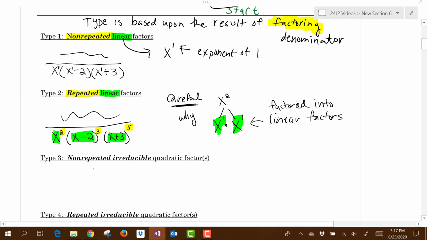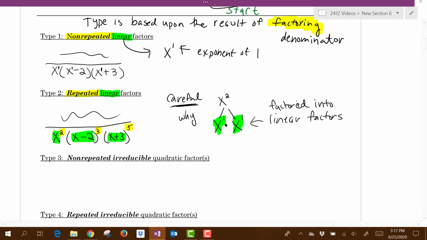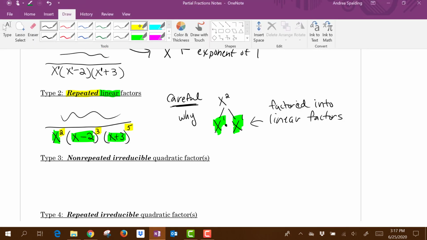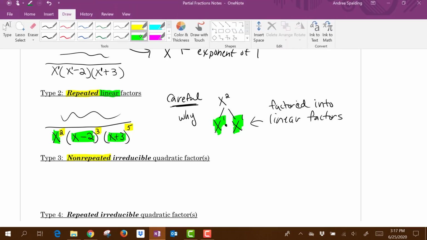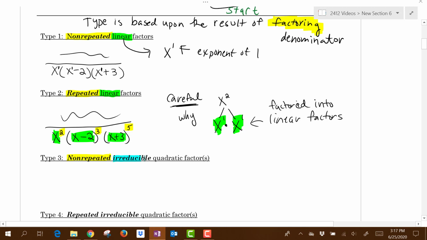Okay, type 3, non-repeated, irreducible quadratic factors. So this time we're talking about non-repeated. All right, what do we mean by irreducible quadratic factors?